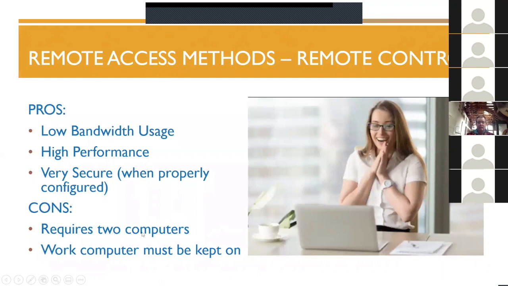But you do require two devices, and the one in the office must be kept on at all times, right? If the computer in the office is shut off, you wouldn't be able to access it remotely. So if there was a power outage in the office, you may lose remote access, and you have to come into the office to power the computer back on.